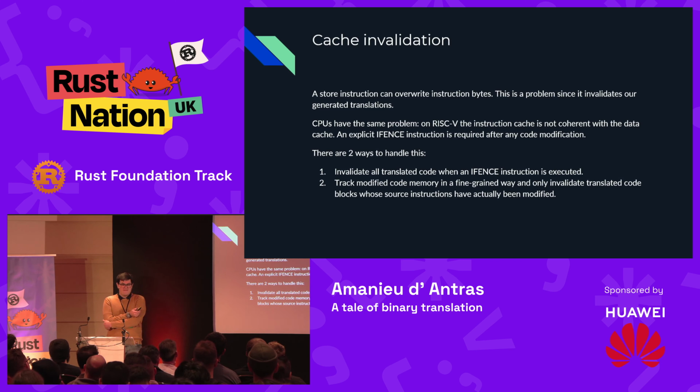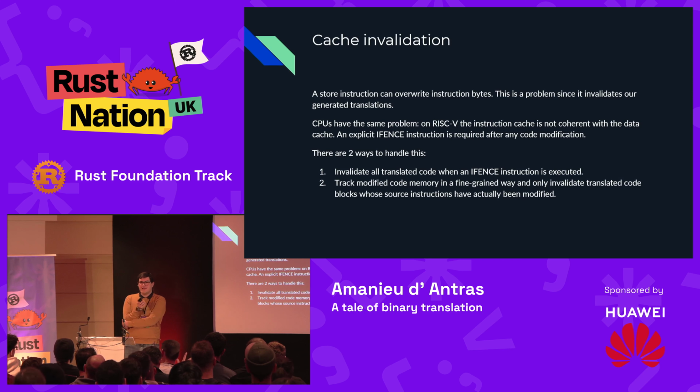On RISC-V, physical CPUs have the same problem because they have an instruction cache which is not updated when you write data to memory. So you are supposed to use the fence.i instruction on RISC-V after modifying code. And if you don't, according to the CPU manual, it's undefined behavior. Don't do this.